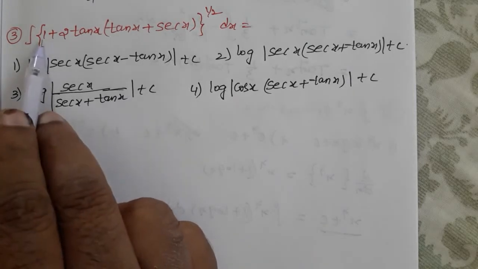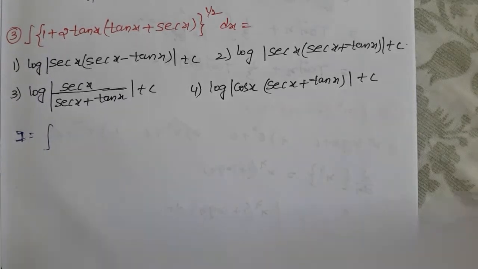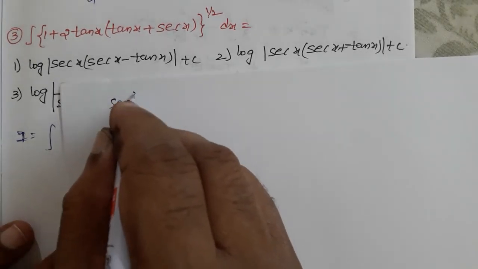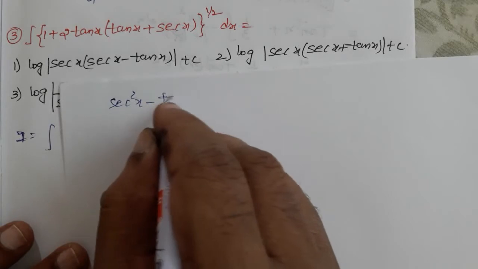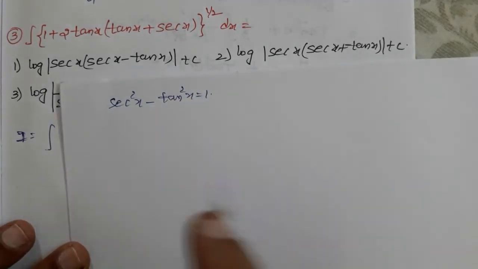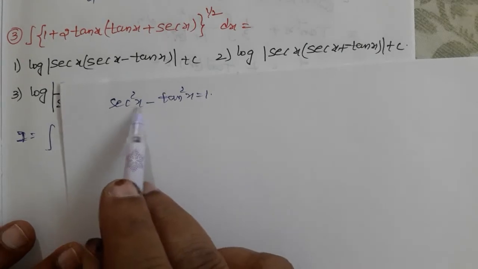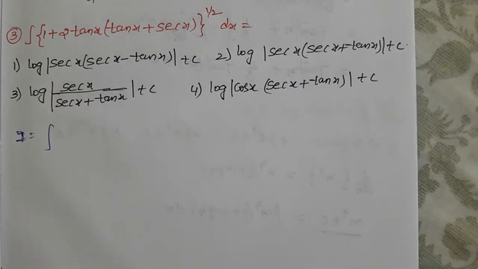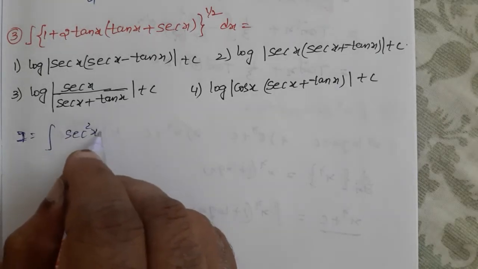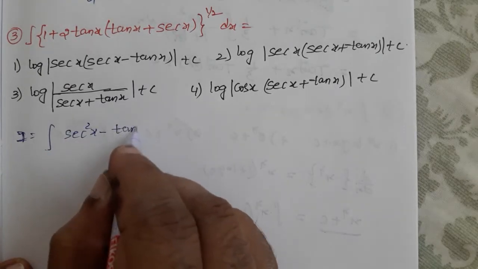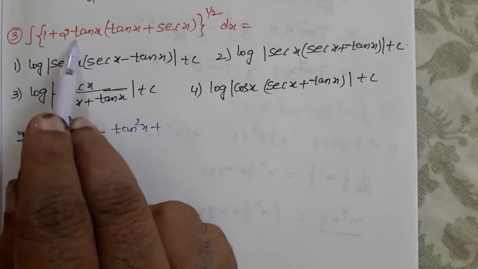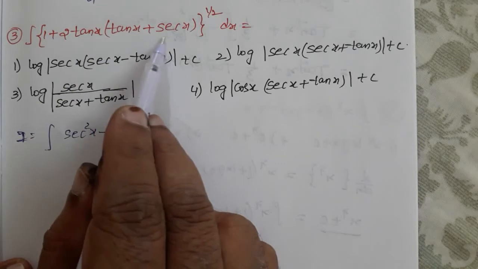integral of, in place of 1 we can write it. In trigonometry we have the formula that secant square x minus tan square x is equal to 1. In place of 1 we can write secant square x minus tan square x. Let us multiply the factor 2 tan x into the two terms in the bracket.